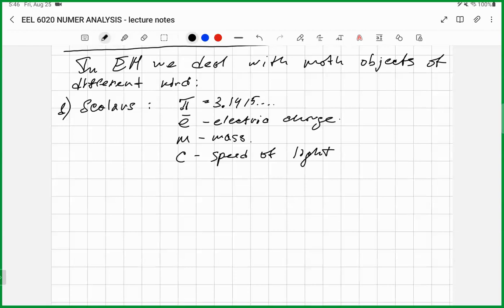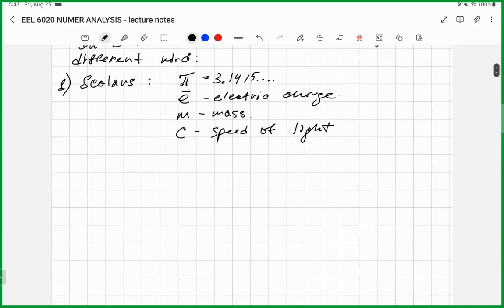You know that electromagnetic field and light are basically two manifestations of the same thing, electromagnetic field, and the difference is only the frequency.